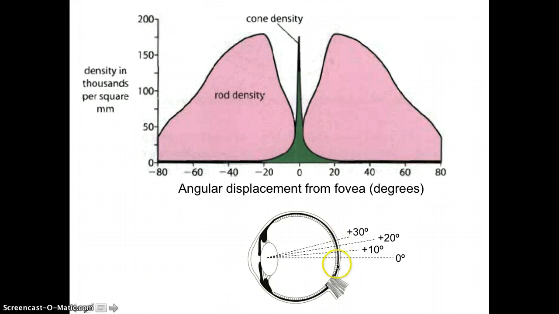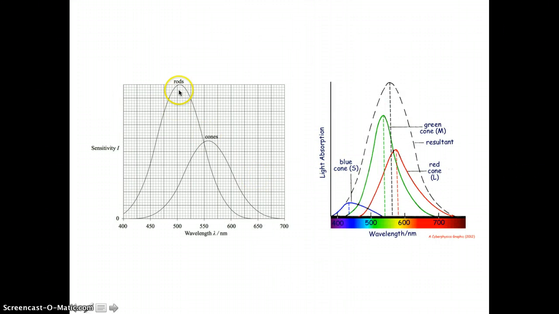That's the only place where you have cones. And then there are rods covering all of this extra space here on the top and bottom, up there and down here. So there are far more rods than cones, and that's the reason why the rods absorb more light than the cones absorb on the whole. And of the cones, the ones that absorb most light are M cones, or the green cones.